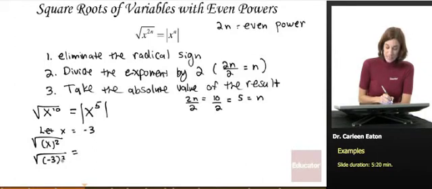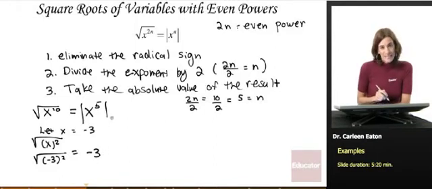Well, the exponent is 2. I simply divide that by 2 to get 1. So I got rid of the radical sign. That's going to give me -3, and my exponent is 1. I now ended up with a negative number.